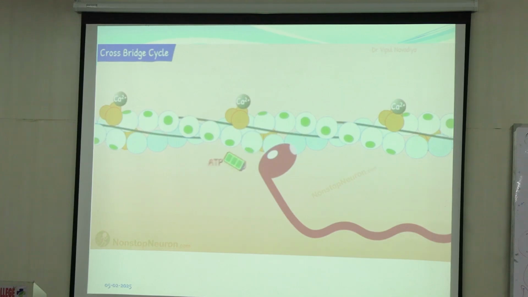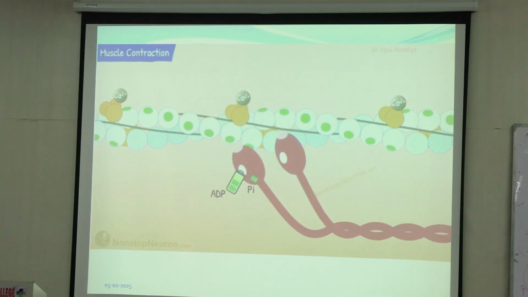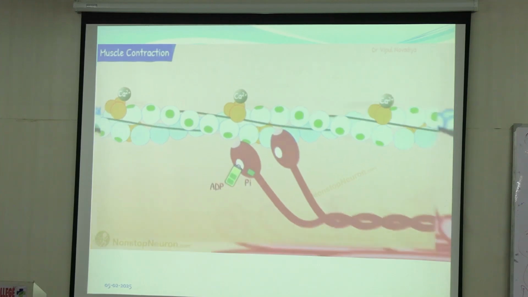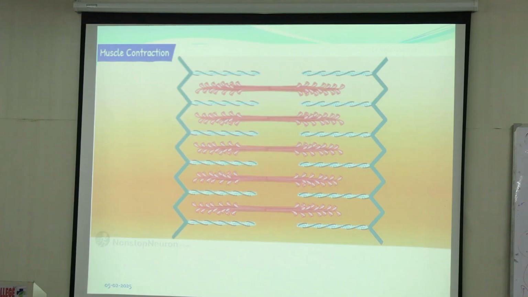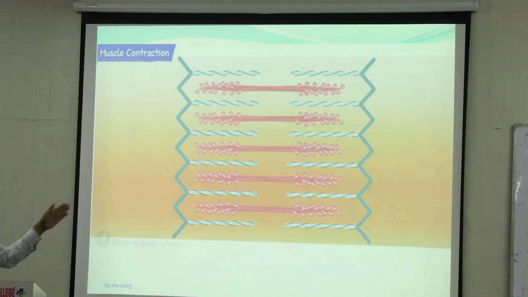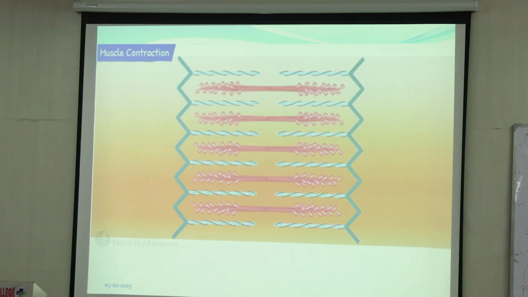This continues to occur as long as the binding site is uncovered. The other head of the same myosin II molecule, as well as all the other myosin molecules, do the same thing. In this way, thin filaments are pulled over thick filaments. The same thing happens at the opposite end also. Thus, the pulling shortens the sarcomere.